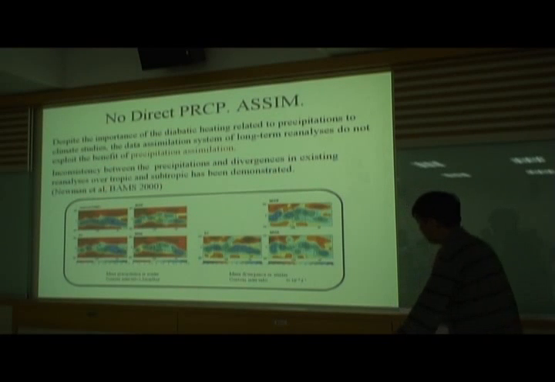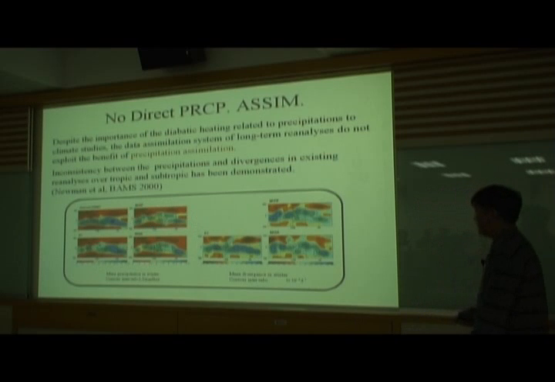This is a figure from Newman, BAMS 2000. This figure shows the observed winter mean precipitation, and this is the NCEP, and this is the ERA15, and this is actually NCEP reanalysis 1, and this is the NASA model reanalysis. As you can see, there are very different winter mean precipitation fields.